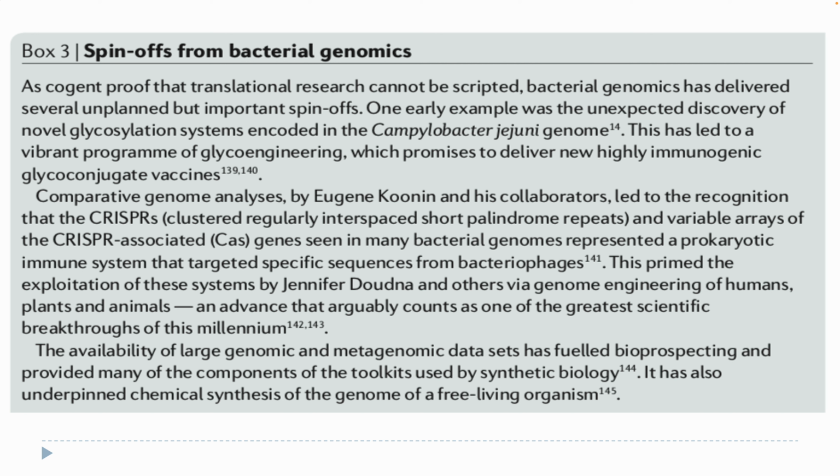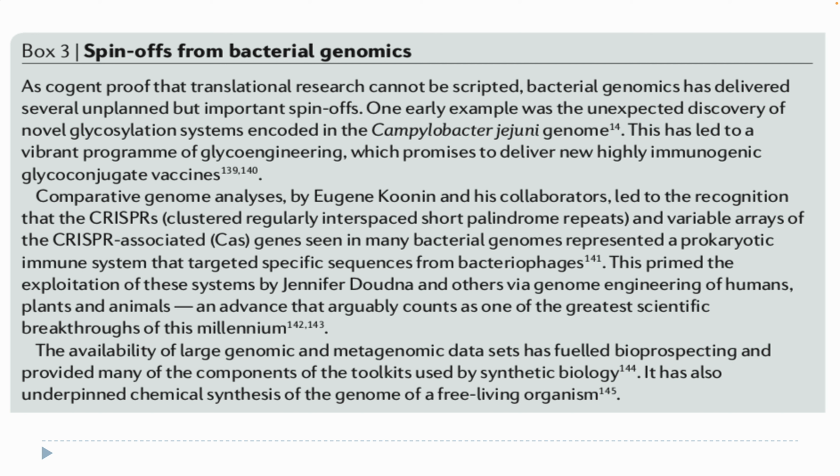Of course, it's not always the things that you're looking for that turn out to be most exciting. There's lots of unplanned but important spin-offs. So one very early example was that genome sequencing project on Campylobacter jejuni, where what was discovered was a new glycosylation system that was much more similar to what we see in mammalian cells than had been seen previously in bacteria.